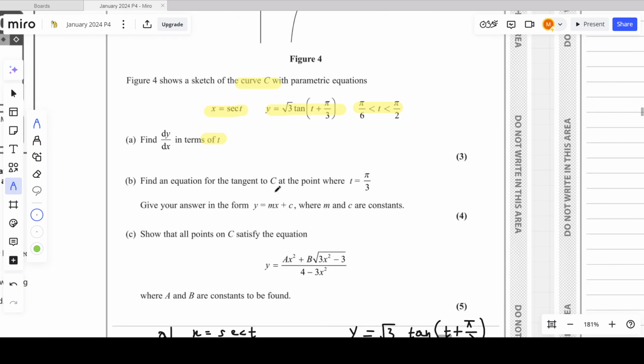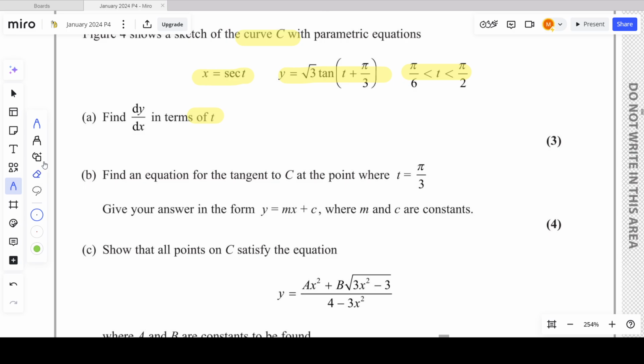Now for part B. Find an equation for the tangent to C at the point where t equals pi over 3. We need to find the equation of a tangent. A tangent intersects a curve at a single point, and a tangent has the same gradient as the curve at the point of intersection.